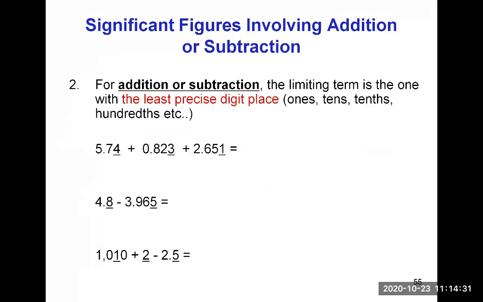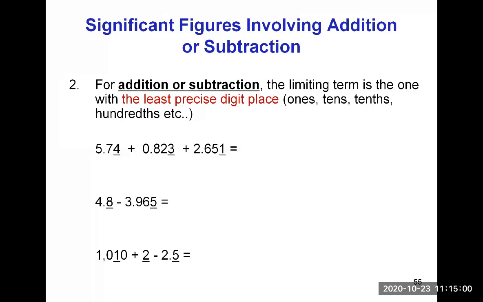But it can be a digit place, so it can be in the ones place, the tens place, the tenth place, the hundredth place, etc. So let's look at an example. We have 5.74 plus 0.823 plus 2.651. So you need to determine the number of decimal places you have for each, and where the precision stops.